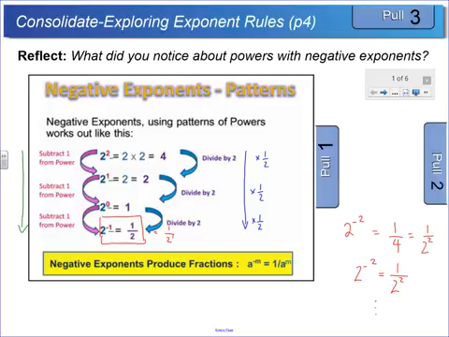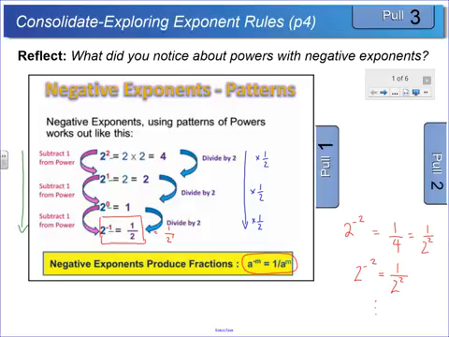So with those many examples comes the understanding that a to the minus m, so that's any power raised to a negative exponent, is 1 over a to the m. So it's more or less flipping or finding the reciprocal of the power, and then changing the exponent to a positive.